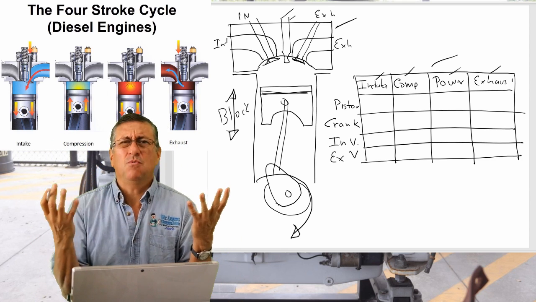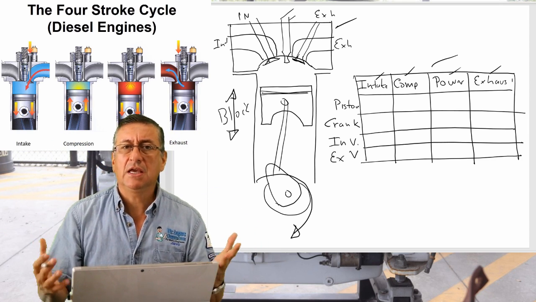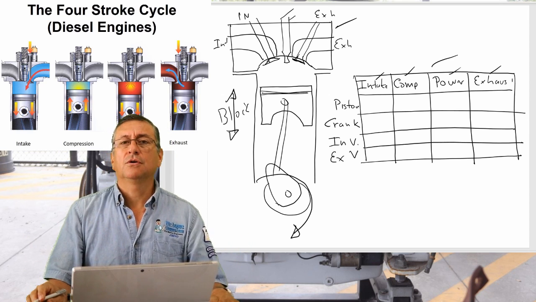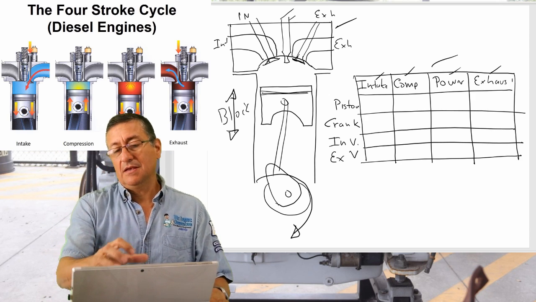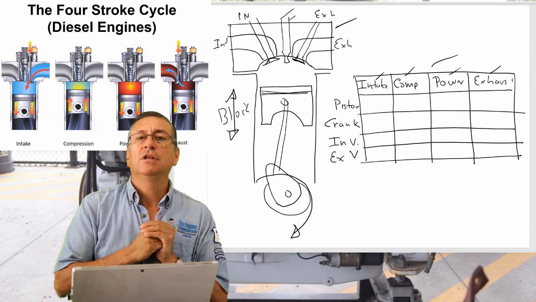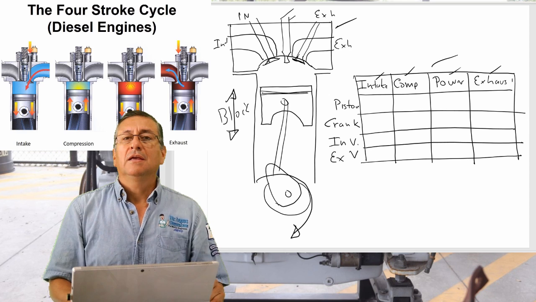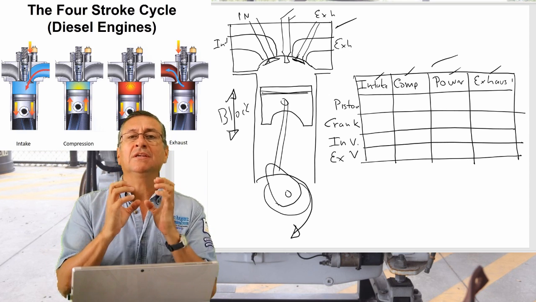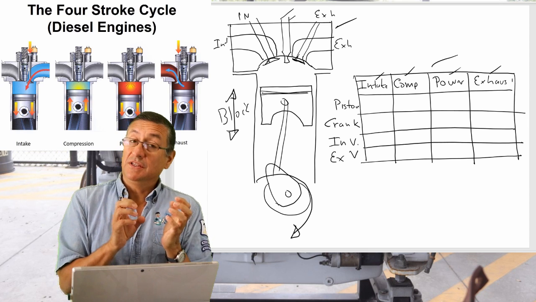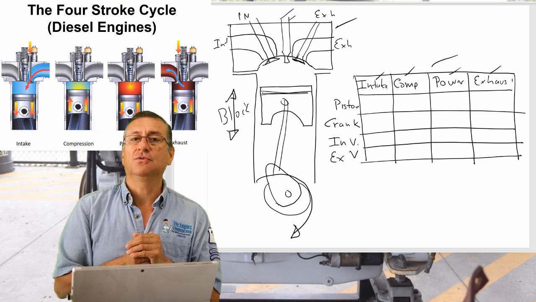And we are going to understand what is the meaning of that. What is the meaning of intake, compression, power, and exhaust? All right. I need that you follow me. And at the same time, follow the table that we are going to fill in order to understand what is the meaning of 4 strokes. And after that, with the same concept, I am going to explain what is the meaning of 2 strokes for gas and diesel. All right.